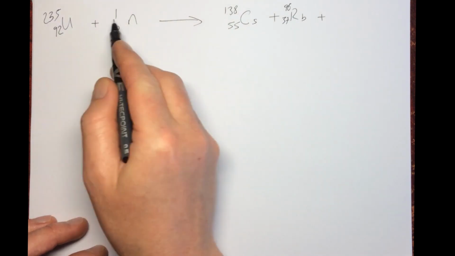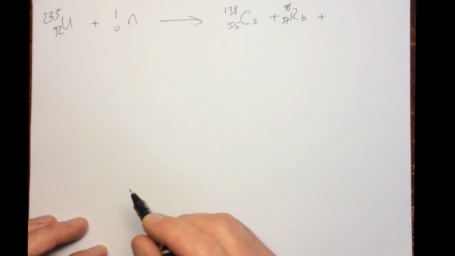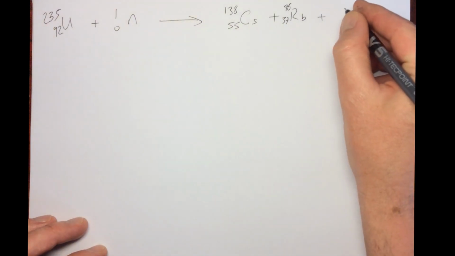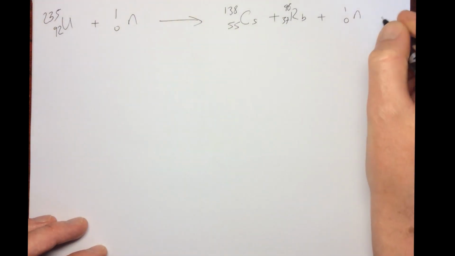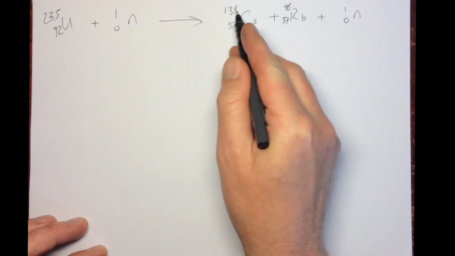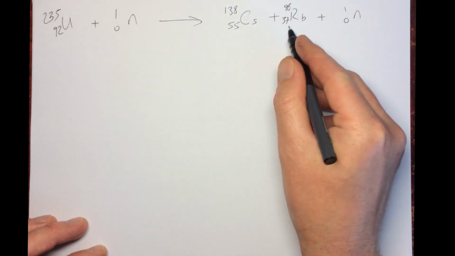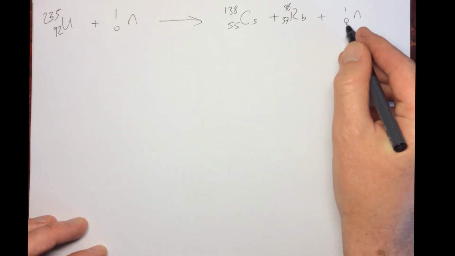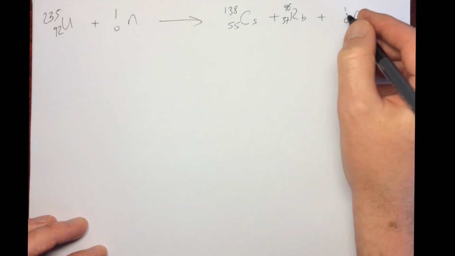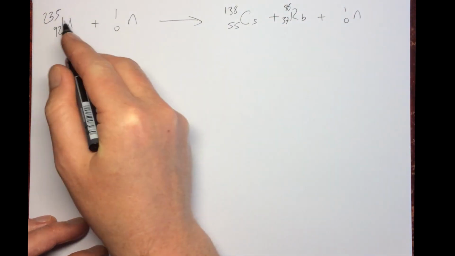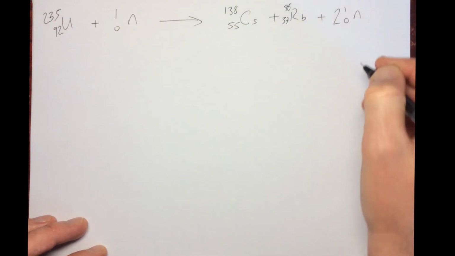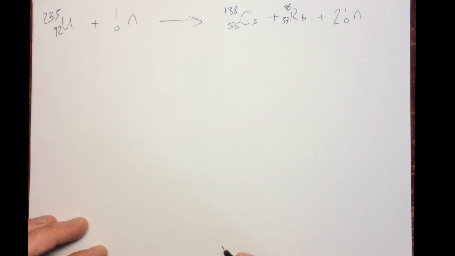So you've got 236 on this side, but only 234 on that side. So what you're going to have as well is another neutron. Well, that will make this up to 235, and it's still 92 on this side because you've got 0 as your atomic number on the neutron. But it's still only 235 on this side and 236 on this side, so you're going to need to have 2 of these neutrons to balance up the equation, okay?